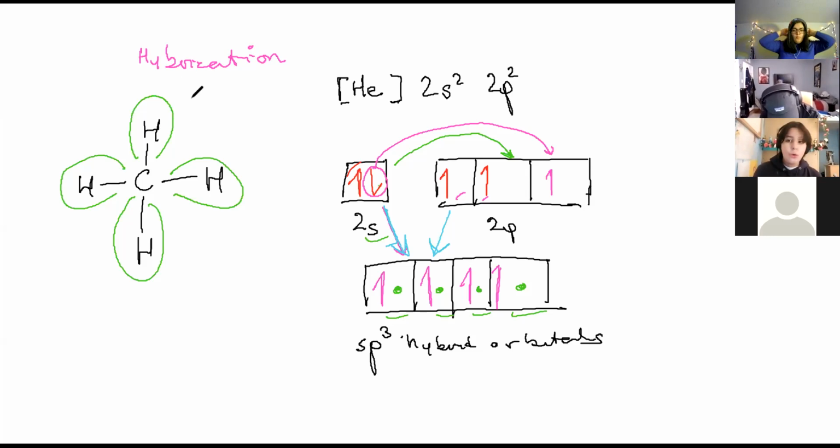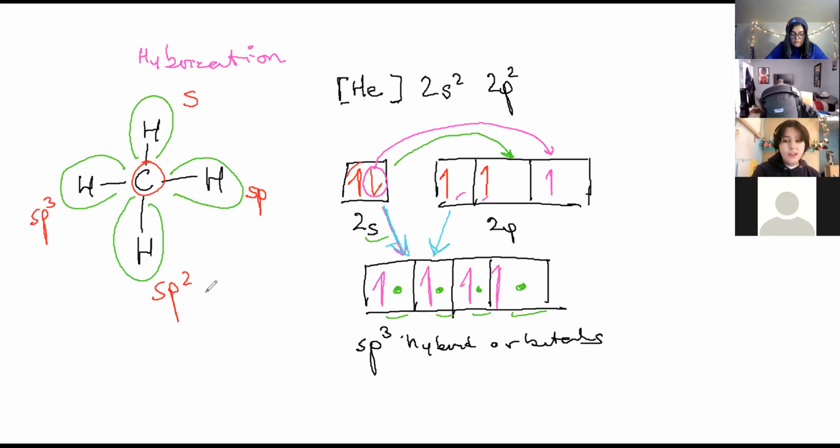I like to count how many things or how many electron densities are around my central atom, which is carbon, kind of like how we did with the geometry. So S, SP, SP2, SP3.